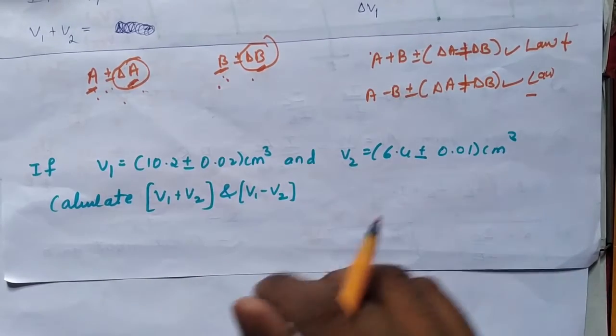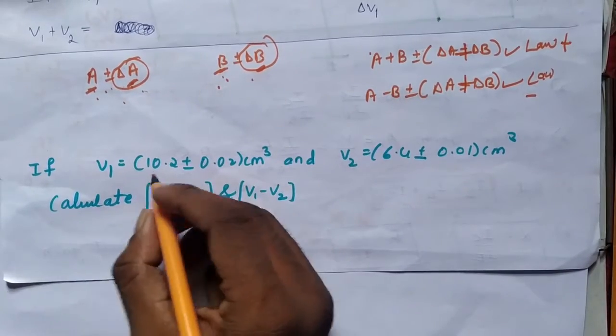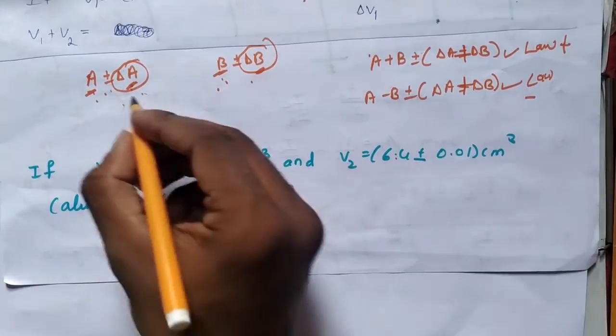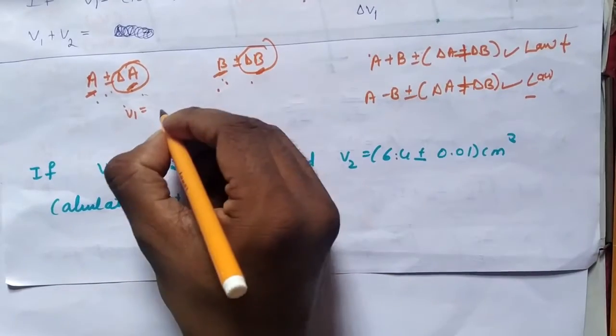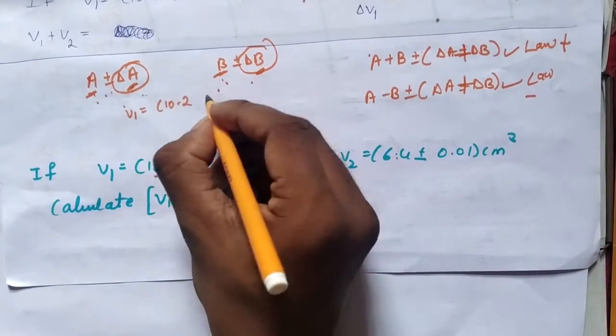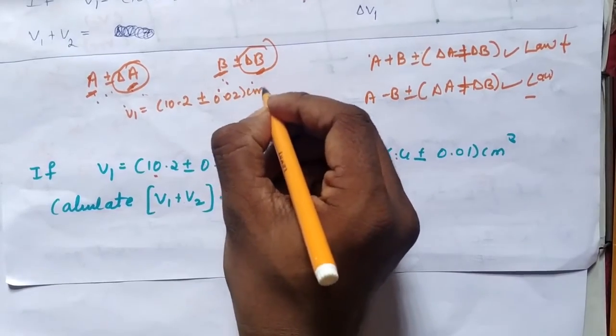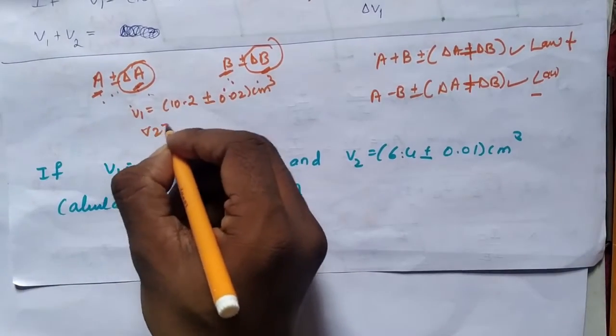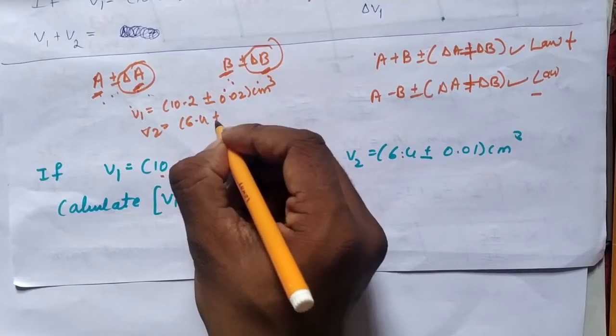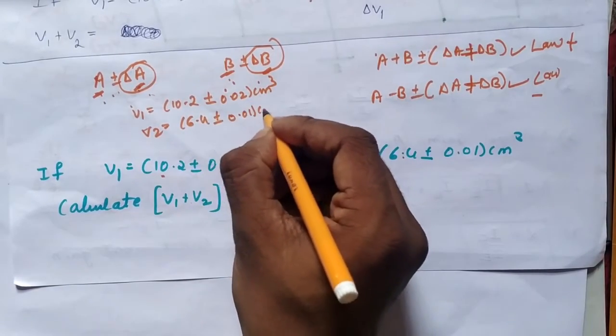Then for v1 plus v2, v1 is equal to 10.2 plus or minus 0.02 cm3, and v2 is equal to 6.4 plus or minus 0.01 cm3.